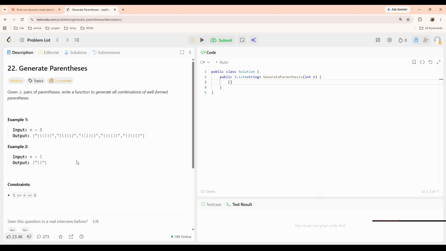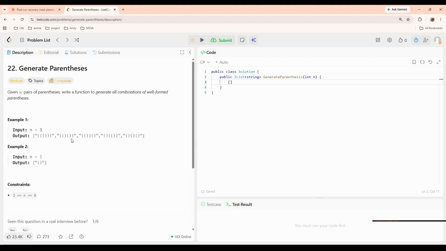Not sure what other edge case there could be, seeing from the constraints here, starting at 1 as a minimum, but also looking at the maximum of 8. Curious what that number looks like, because 1 is 1, 3 was 5.